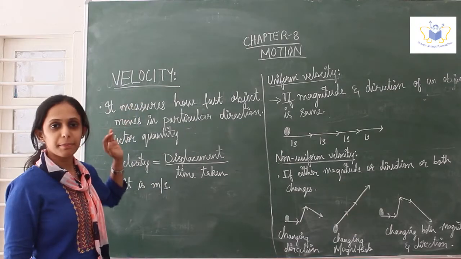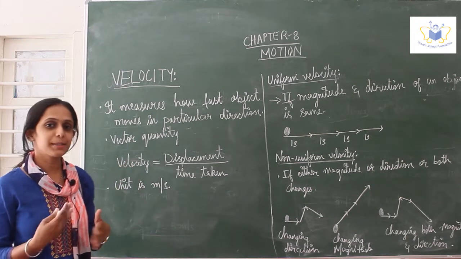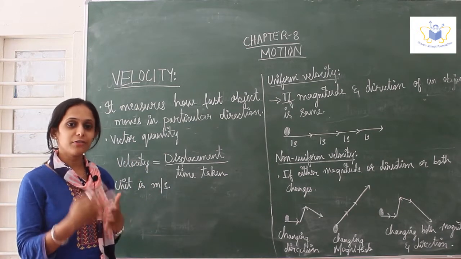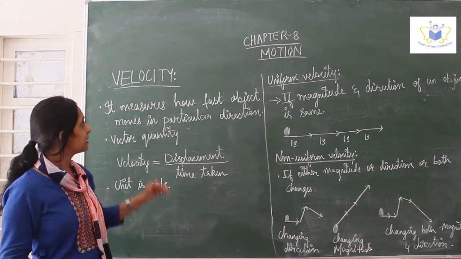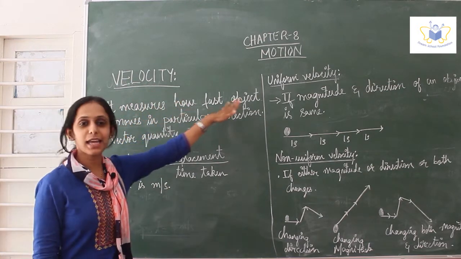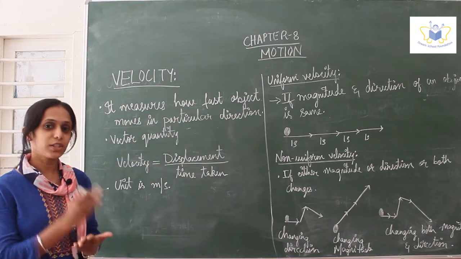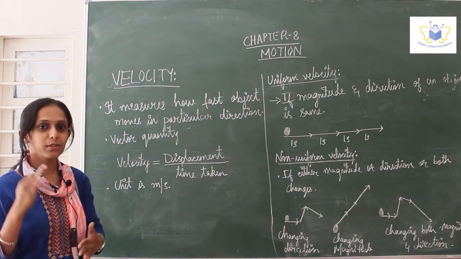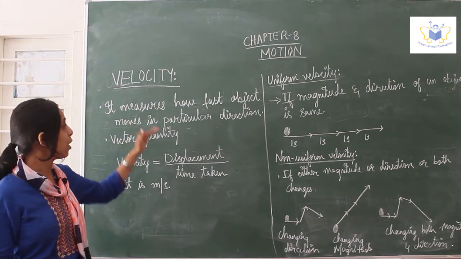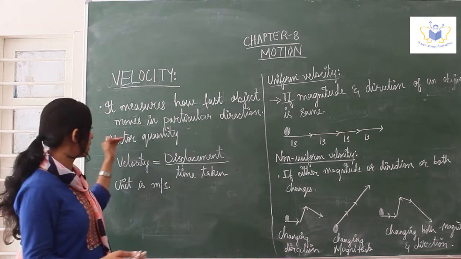Okay. The next topic is velocity. So you got to know the definition of speed. What is speed? It measures how fast an object is moving. Similarly, what is velocity? Velocity measures how fast an object is moving, but in a particular direction. Speed just measures how fast an object is moving, but velocity, along with speed, measures in which direction an object is moving.